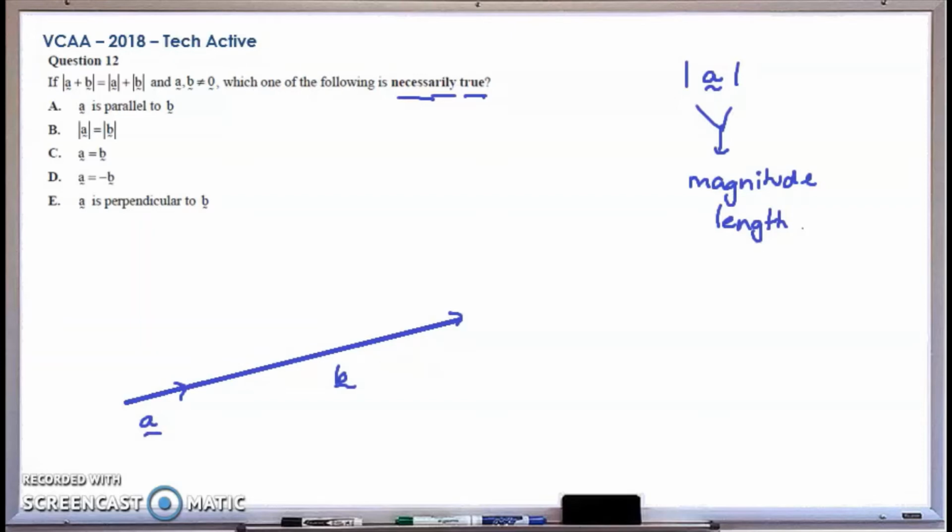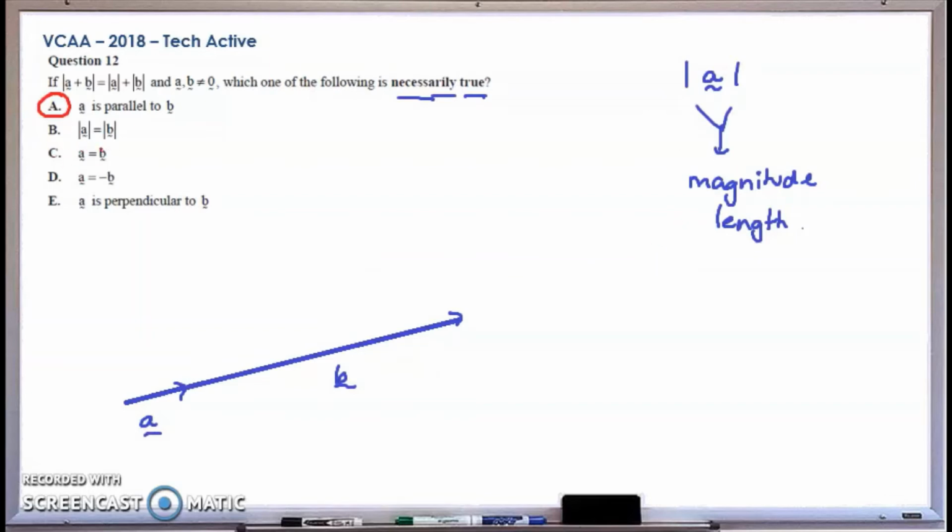And there is no way that I can add two parallel vectors and not have the length of the two together equal the length of the two separately. So A is my prime answer right now. But let's have a look at some of the other options.